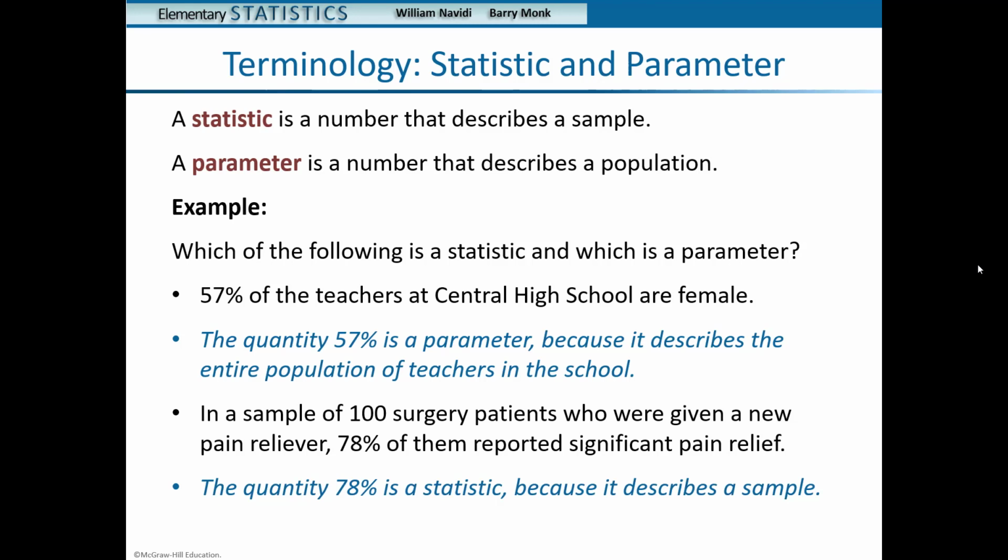Which we actually can analyze the data from the sample, right? So ideally though, we would like a computed statistic to be as close as possible to the parameter from that population, right? Because we're using it to make a prediction. And so we'll explore some methods for increasing the likelihood of that happening as we get later on in the class.